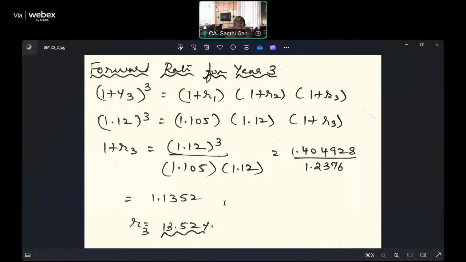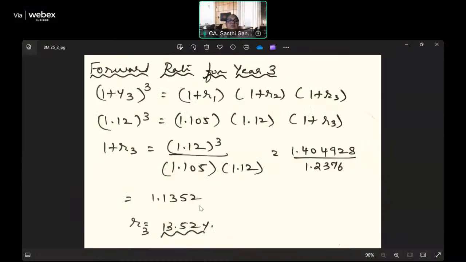So what do we have? 1.12^3 is equal to the 1 year rate for the first year, 10.5%, the 1 year rate for the second year, 12%, and the 1 year rate for the third year, which we have to find, solve.